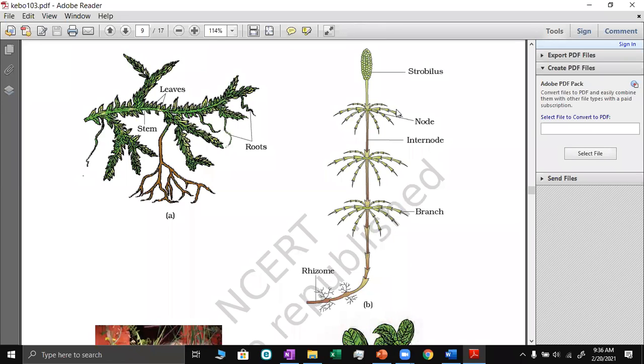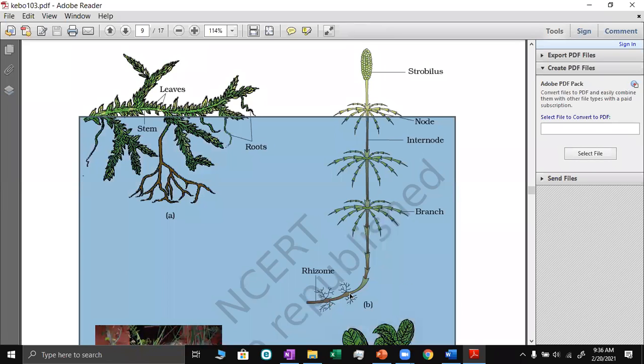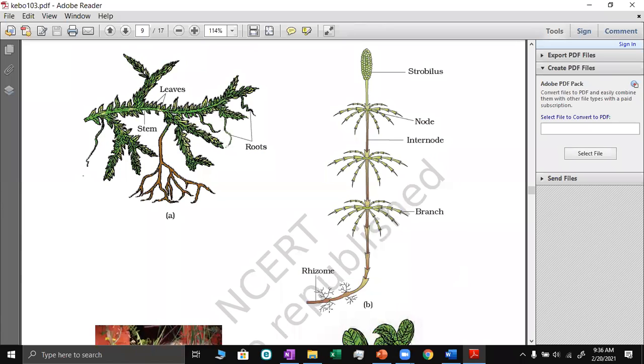Okay, these are branches of limited growth, and they have the underground portion that is called the stem, the underground stem, that is the rhizome, and here are roots. This is the whole plant.